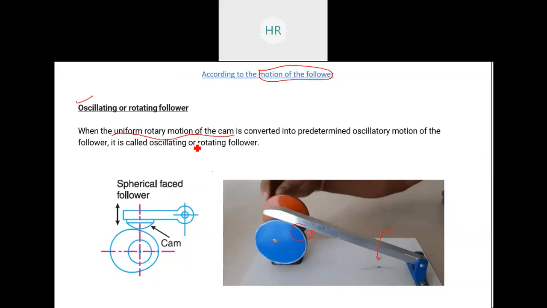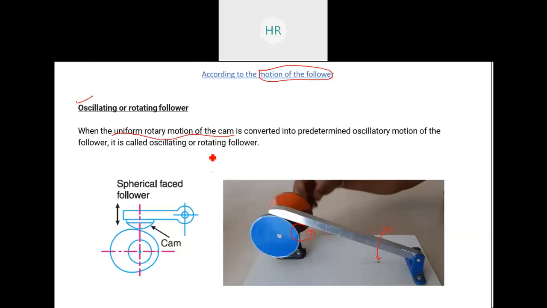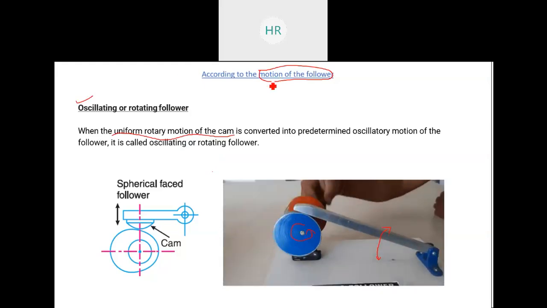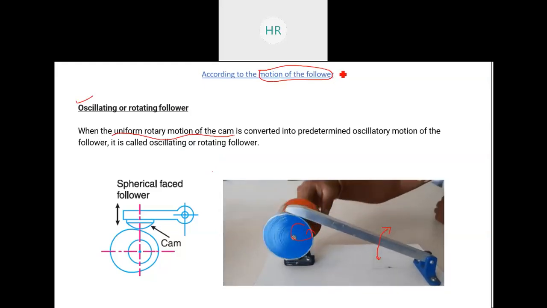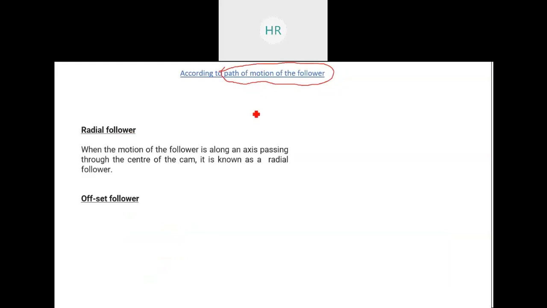Now third classification. First classification हमने देखा according to surface in contact. Second classification हमने देखा according to motion of the follower. And third classification is according to path of motion of the follower. Follower का motion है उसका path कैसा है. So first one is radial follower.